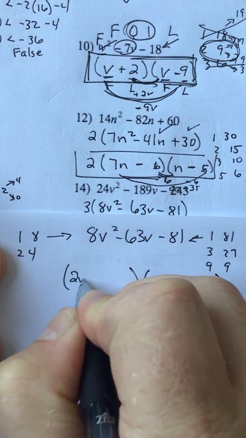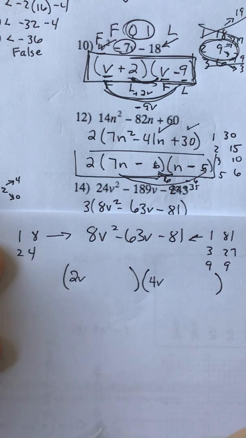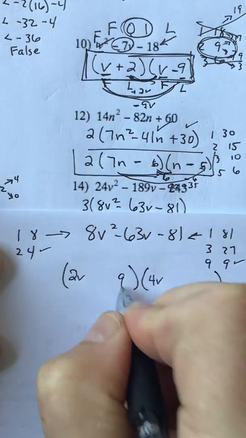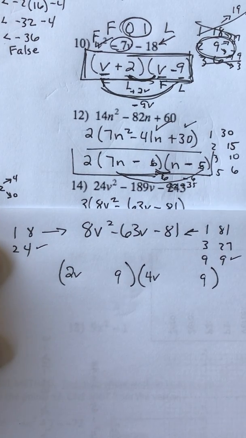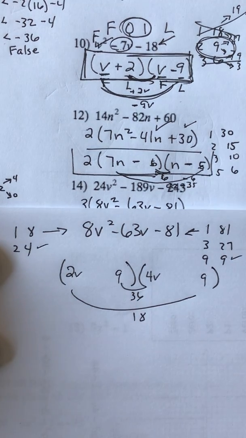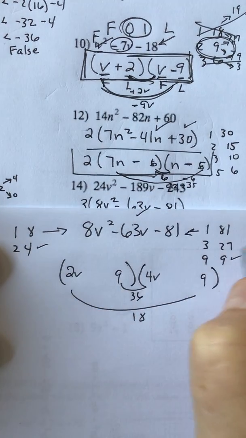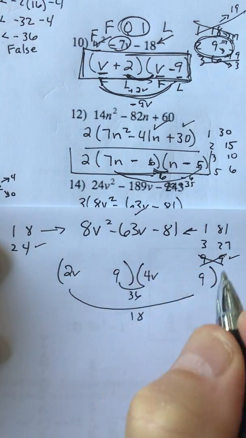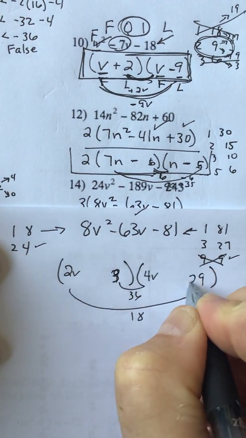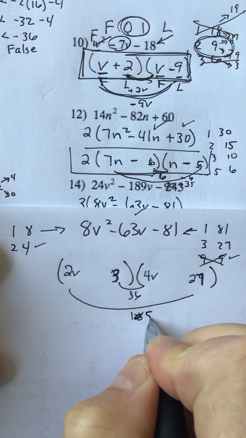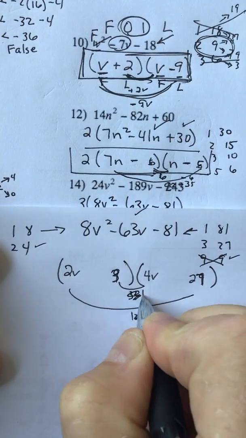So maybe I'll try the 2 and 4 first. And I think I'll try the 2 and 4 with the 9 and 9. There's 36, there's 18. 36 and 18 does not make 63, so it's not going to be that one. So I think I'll try the 3 and 27 next. 2 times 27 is 54. 3 times 4 is 12.